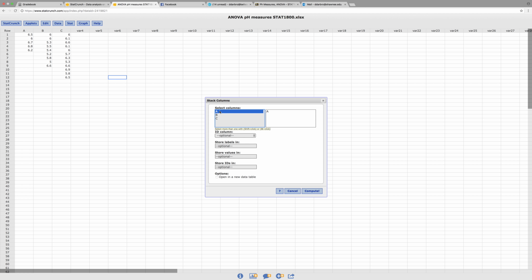So I'm going to choose the columns A, B, C, and I'm going to store my labels in, I'm going to call this, what do we have? Soil type.